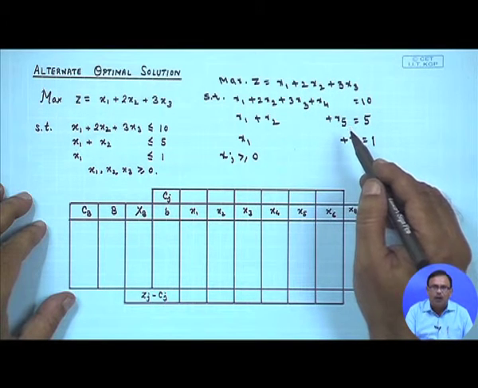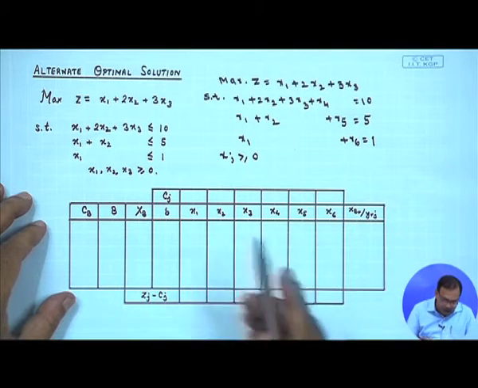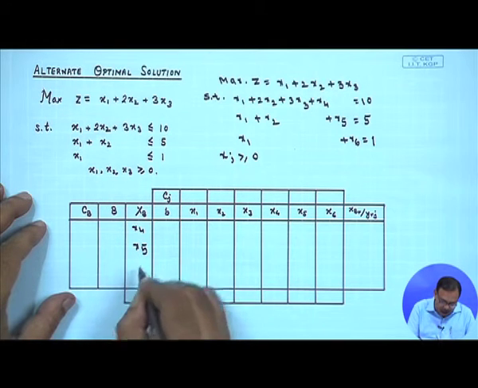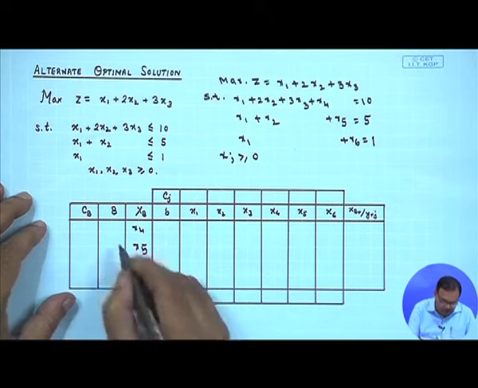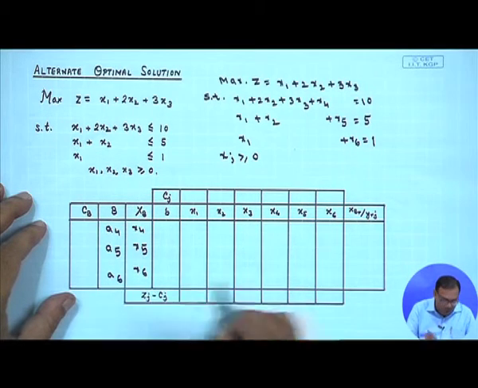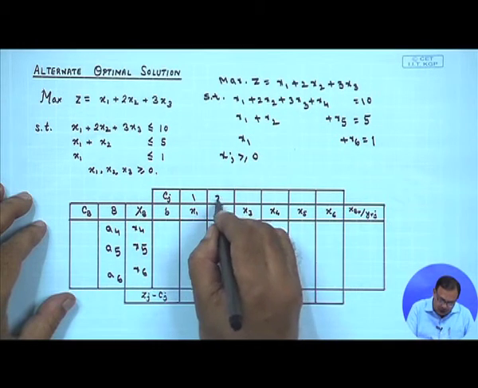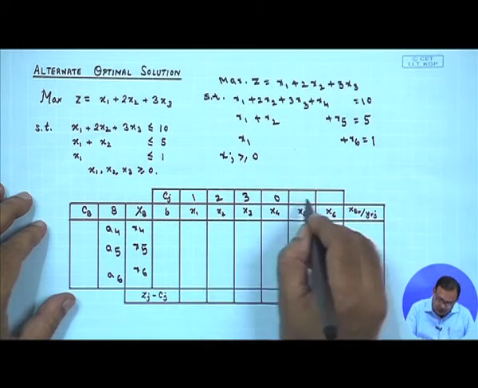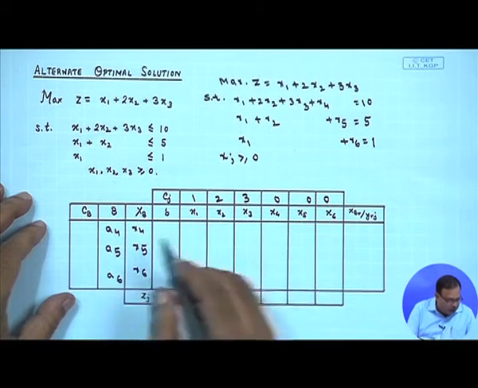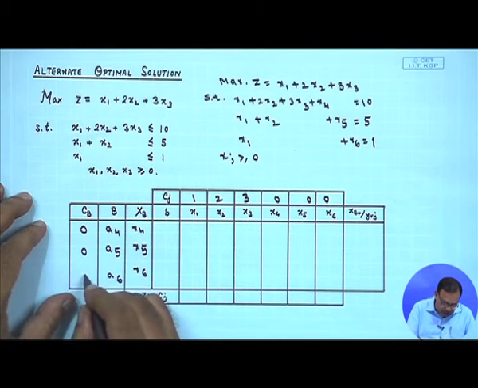Therefore, in the basis your variables are x4, x5 and x6, that is a4, a5 and a6. Your Cj values are 1, 2, 3, and for x4, x5 and x6 the values are 0. So your Cb values will be 0, 0 and 0.